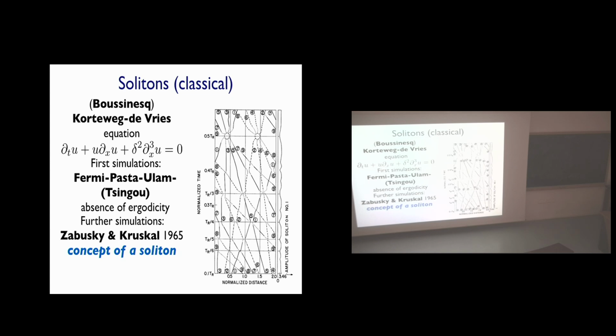But at some point, like I was saying, they ran the simulation too long, and they noticed that the energies refocused on the original mode, which is absolutely against the idea of ergodicity. So, that was that. In that report, this was described but not explained.